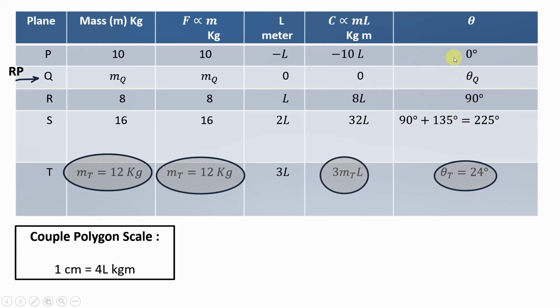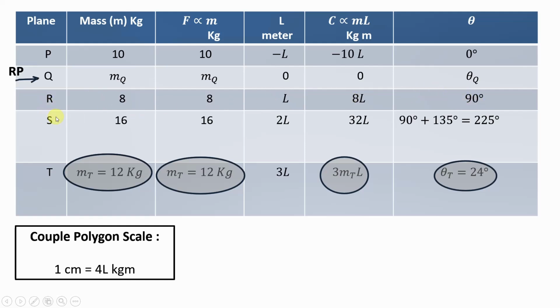Now the important part is that of the angular distances or angles. So suppose we assume P as the reference, suppose it is coinciding with the positive x-axis, so it is 0 degree. Theta Q we have to find out. Angle between planes P and R is given as 90 degree.